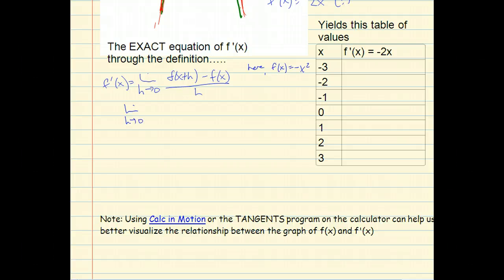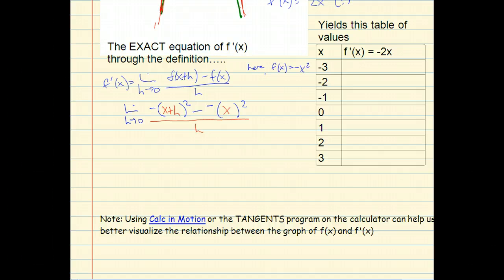We have a limit as h approaches 0, f of x plus h. So our function is negative x squared, but I'm going to plug in x plus h, right? And then we have minus f of x. Well, our function again is negative x squared, so I'm going to just plug in x, all over h.